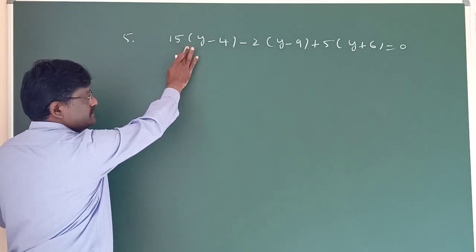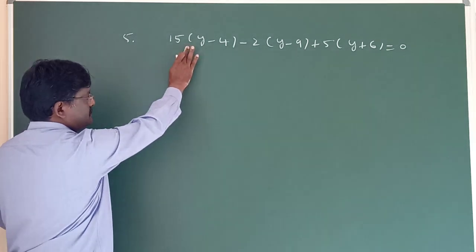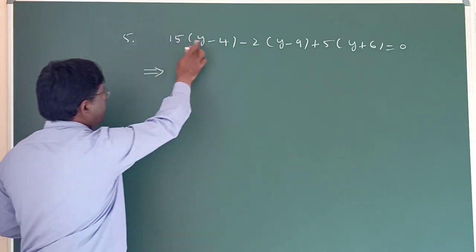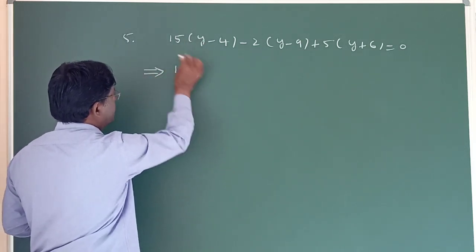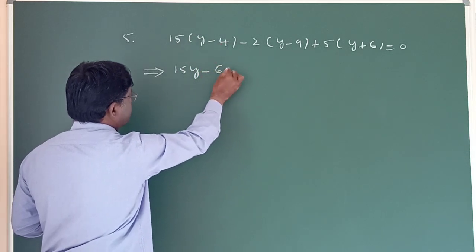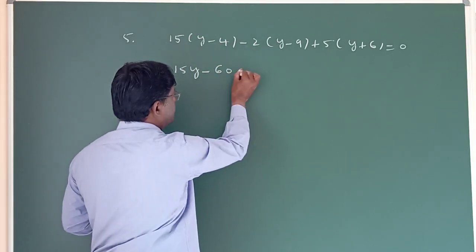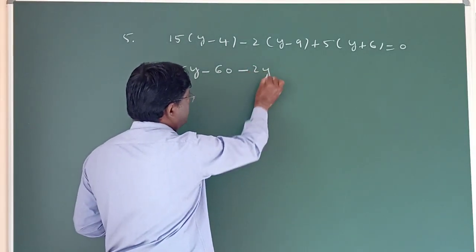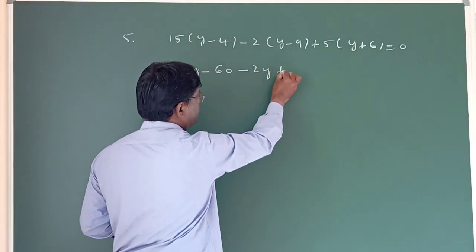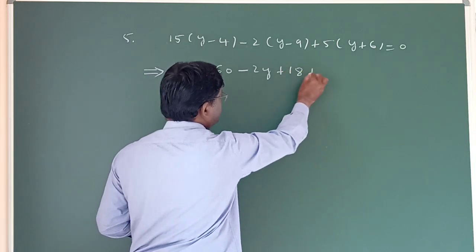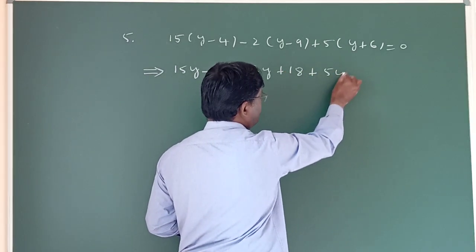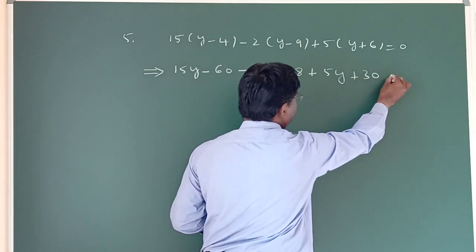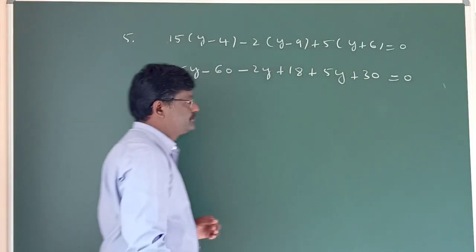So here, it looks like a lengthy one, but it is quite easy. 15 into y, 15y, plus into minus, minus 60, minus into plus, minus 2 into y, 2y. Next what? Minus into minus, plus 2 9s are 18, 5 into y, 5y, plus into plus, 5 6s are 30 equal to 0.